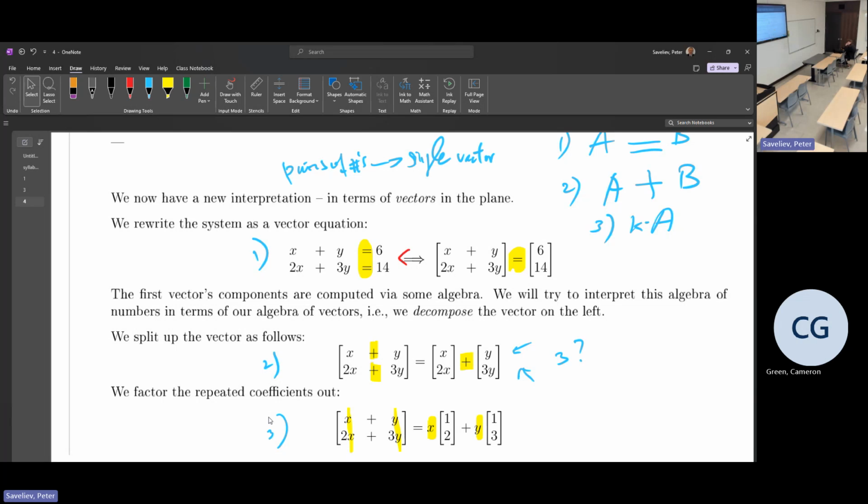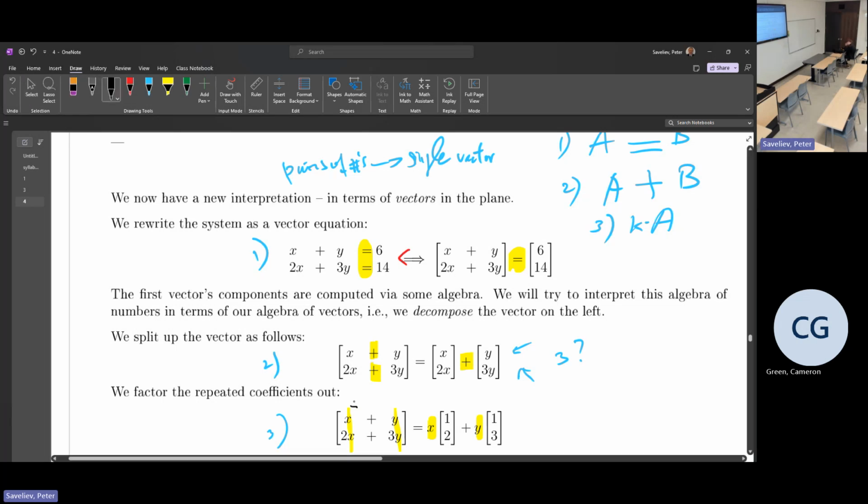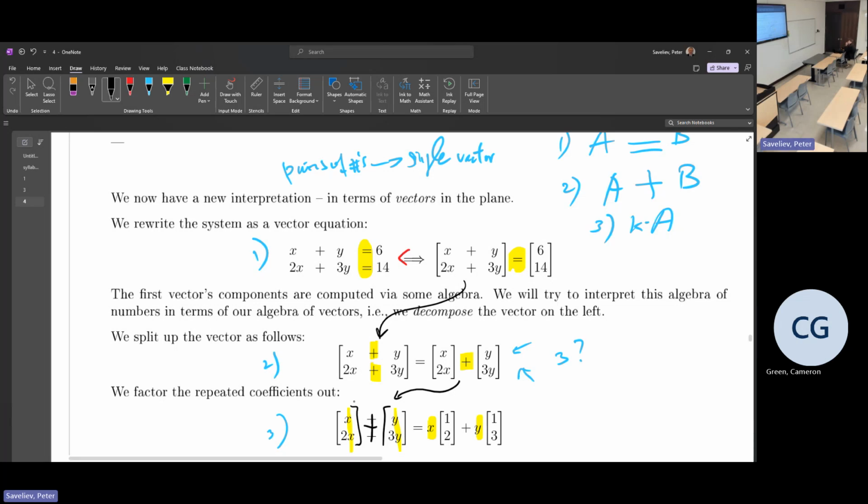Let me correct myself here. That's what I mean here, 1 plus. This is how we progress. Each of these two vectors, x, 2x, is now converted into x multiplied by 1, 2. And the 3y vector is converted to y multiplied by 1, 3.